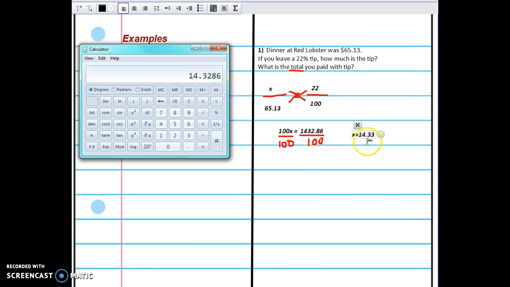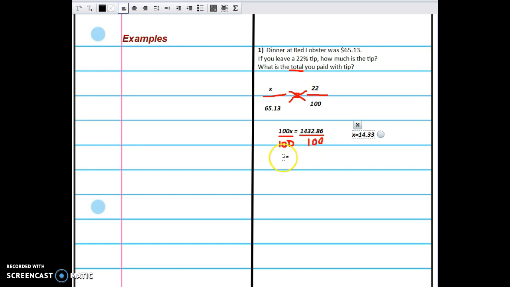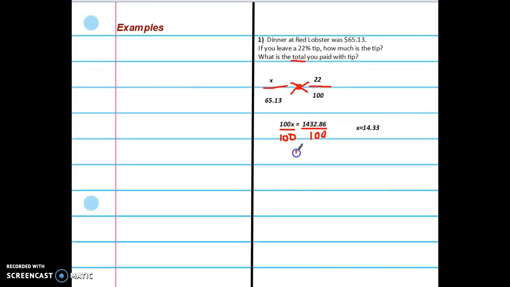So we've calculated the amount of the tip, but the next question said, what is the total that you paid with the tip? So what we want to do now is add together the subtotal, the 6513. We're going to add to that the $14.33.